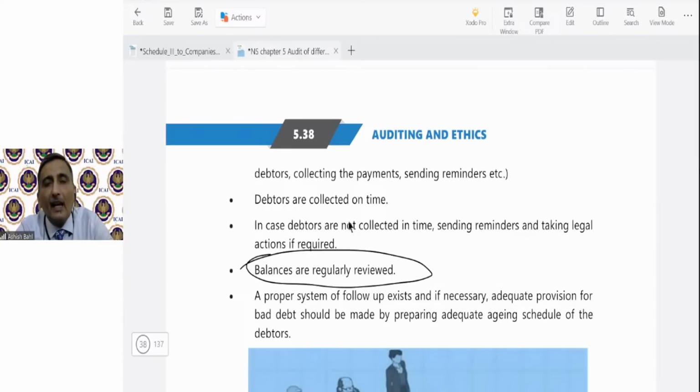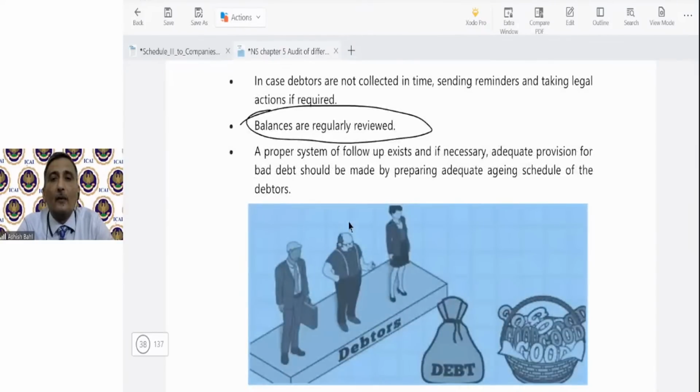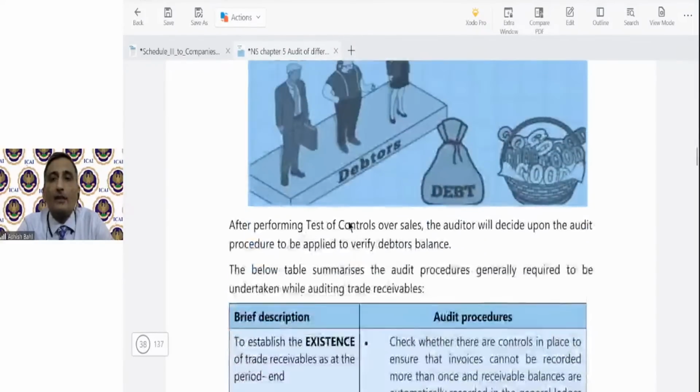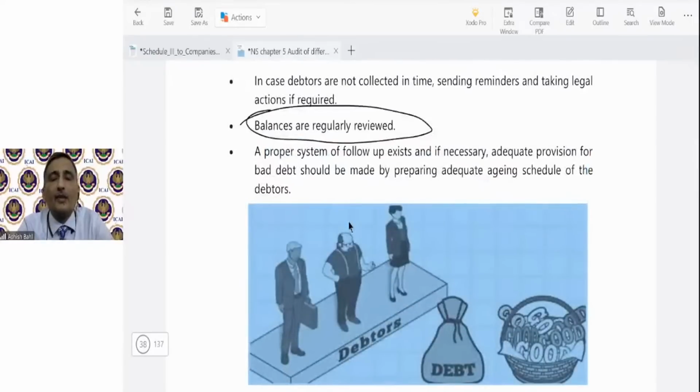So a review takes place at different points of time in respect of debtors. Okay. So it also includes seeing whether there is any unrecoverable money, and what steps are being taken by the company to recover that money.